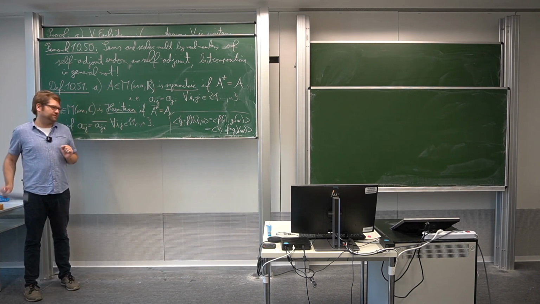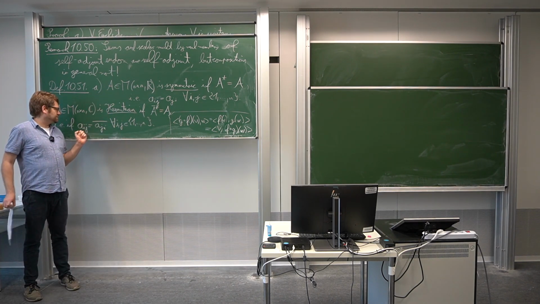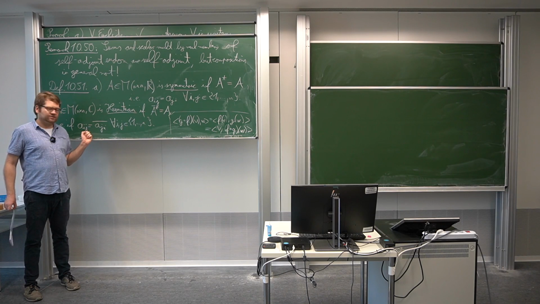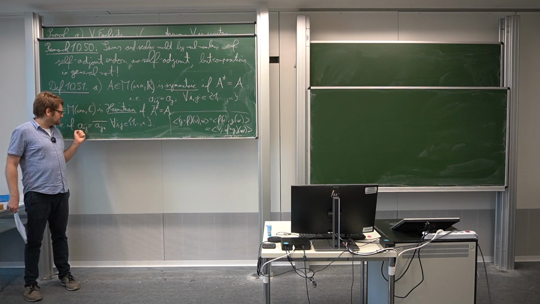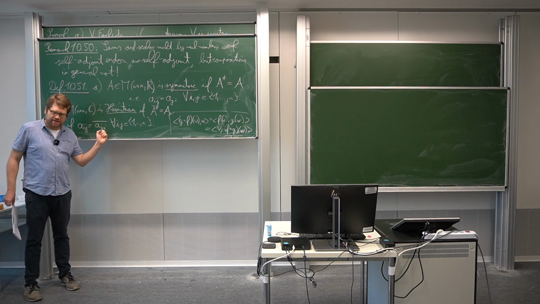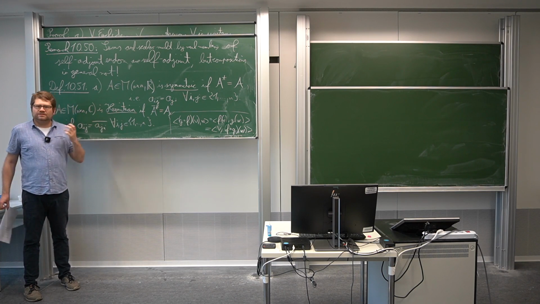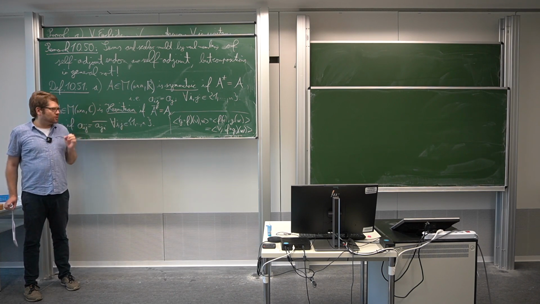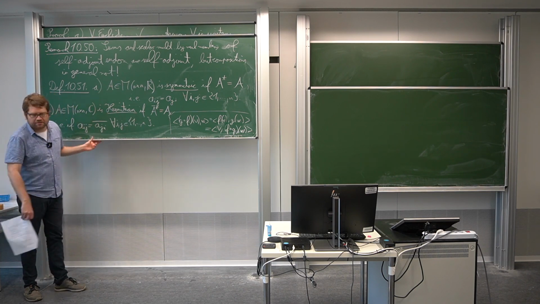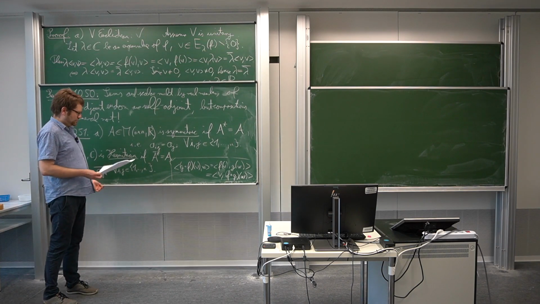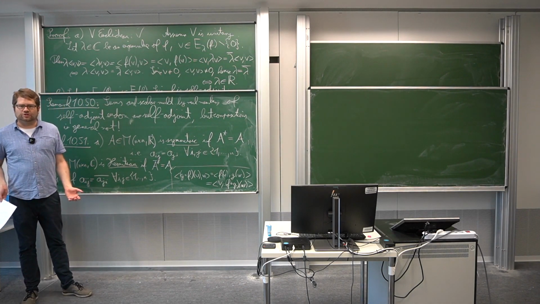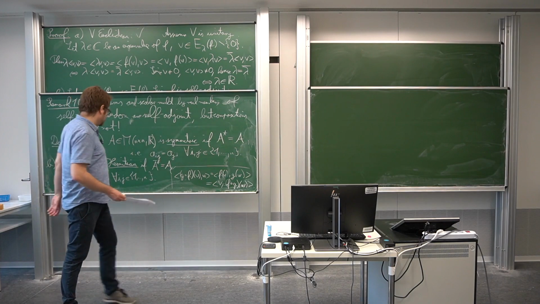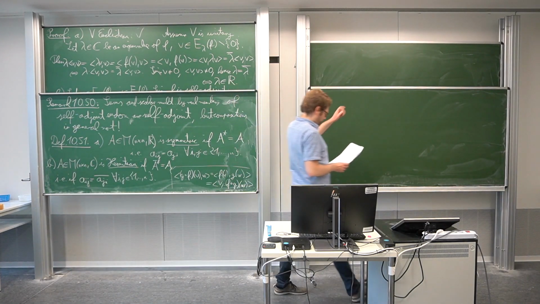Note that in particular, if i is equal to j, we have the entries on the diagonal, and this would mean a_ii would be a_ii conjugate. So on the diagonal of a Hermitian matrix, there are only real numbers. This is worth mentioning, because this is how you can easily tell that a matrix is non-Hermitian if there's a complex value on the diagonal.